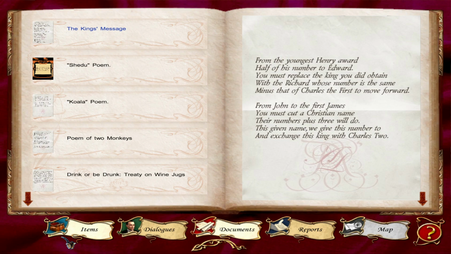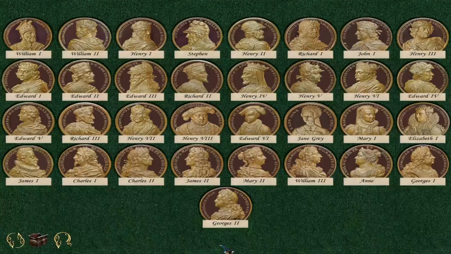Like George the Fourth would be the youngest if he was the last of that name. So for the youngest Henry, we need to find the Henry with the biggest number. Not who died, but who's the youngest. Okay, so let's find the highest Henry.